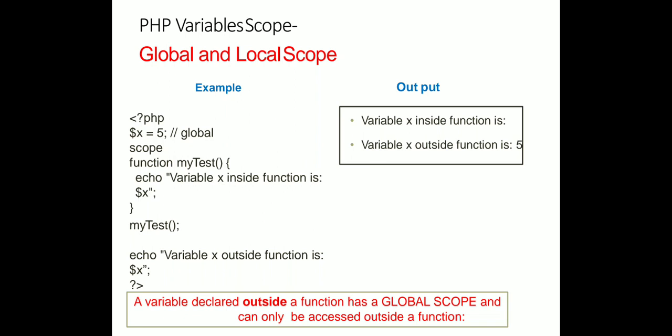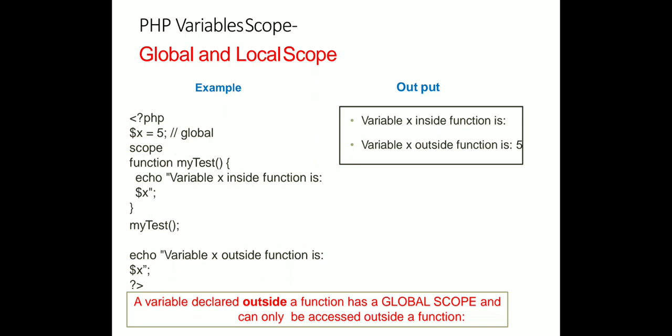Okay, I'm not defining it anywhere in the function. So $x equals to 5, this became the global scope variable. Okay, then I am defining a function my test.